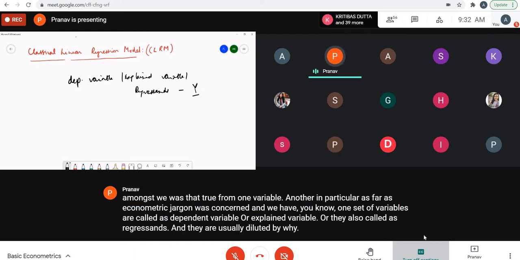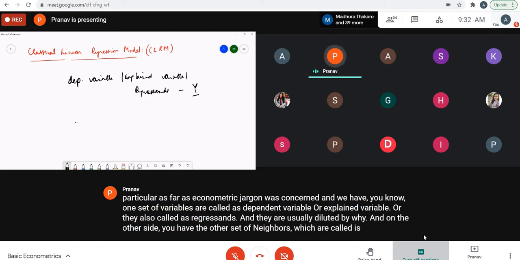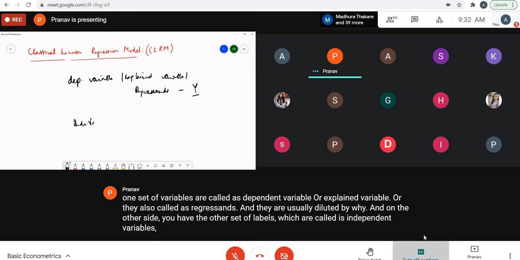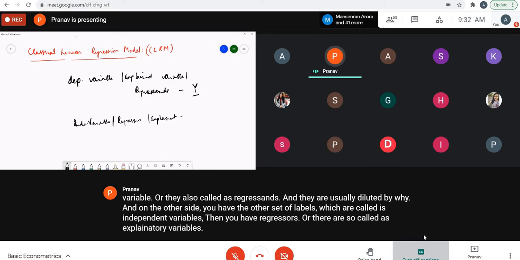And on the other side, you have the other set of variables which are called independent variables. Then you have regressors, or they are also called explanatory variables. I'm just writing in short notation. They're usually denoted by x.